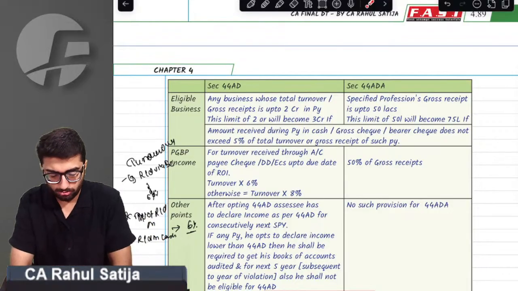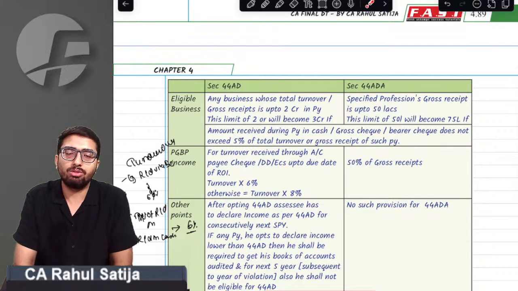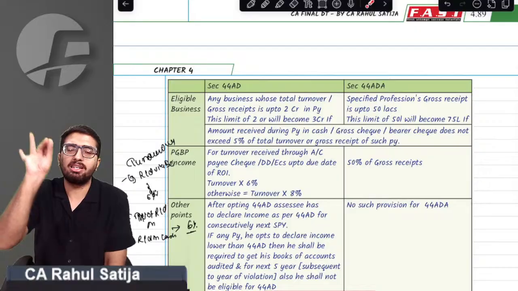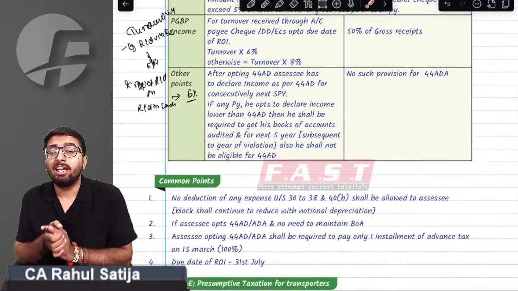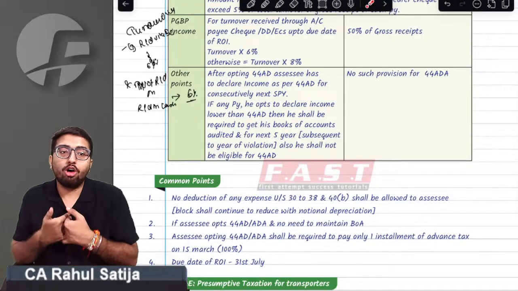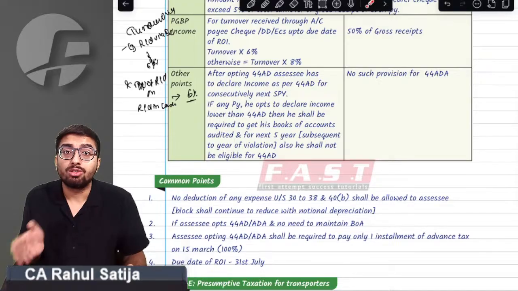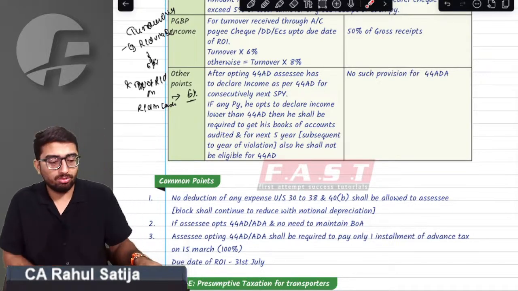Sir, in Hindi, I call it chonchalebaji. Chonchalebaji implies an unnecessary point. Sir, what it says, if you opt for 44AD once and declare income at 6%, 8%, then you have to opt for it for the next consecutive 5 years also.